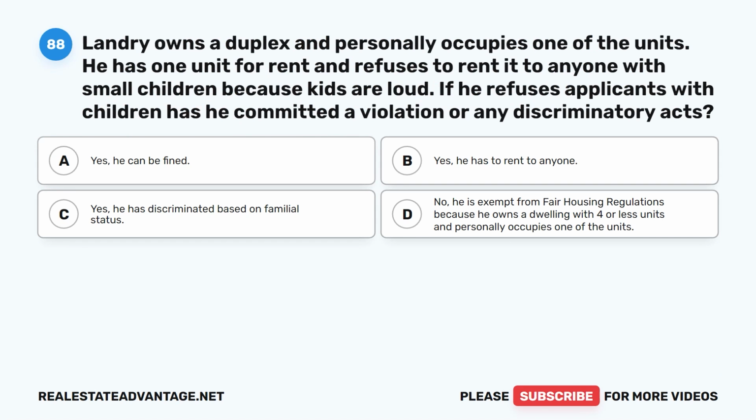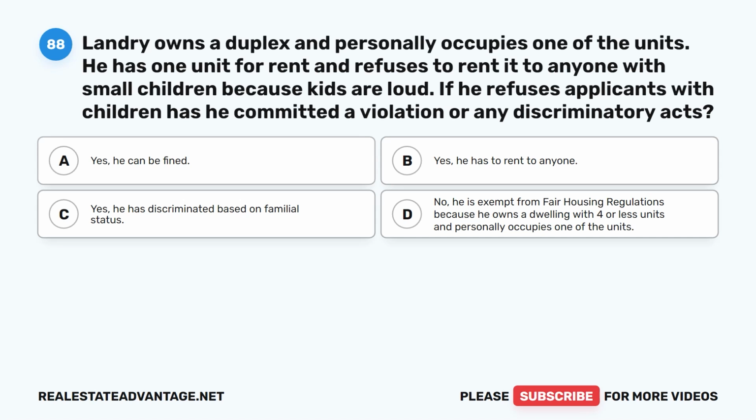Question 88. Landry owns a duplex and personally occupies one of the units. He has one unit for rent and refuses to rent it to anyone with small children because kids are loud. If he refuses applicants with children, has he committed a violation or any discriminatory acts? A. Yes, he can be fined.